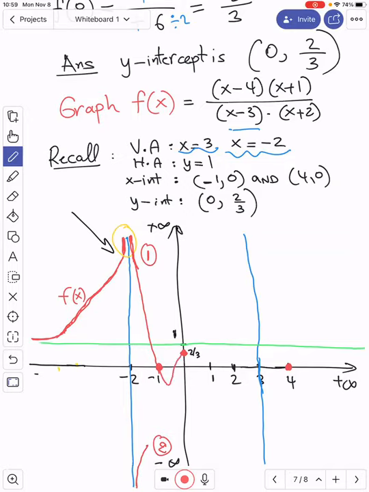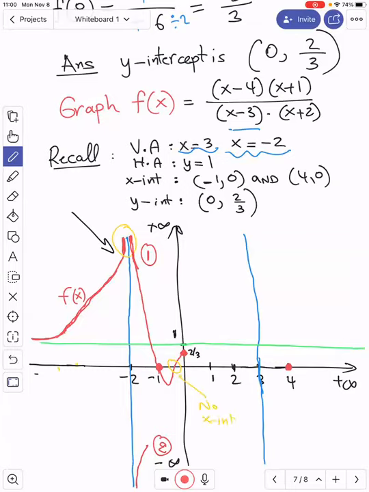Now, do you see any problem with this, guys? You go to -1, and then you're supposed to join the 2/3, but there's a problem because, as you can see here, you're going to cross the x-axis again. So it means that you're going to have an x-intercept there, but there is no x-intercept between this -1 and 2/3. So here, there is no x-intercept.